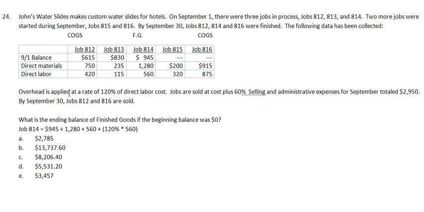So that gives you $672 of overhead, plus the labor, plus the material, plus any beginning balance. So when you work that out, then that means that your ending balance in finished goods is $3,457. So your answer on 24 would be E.